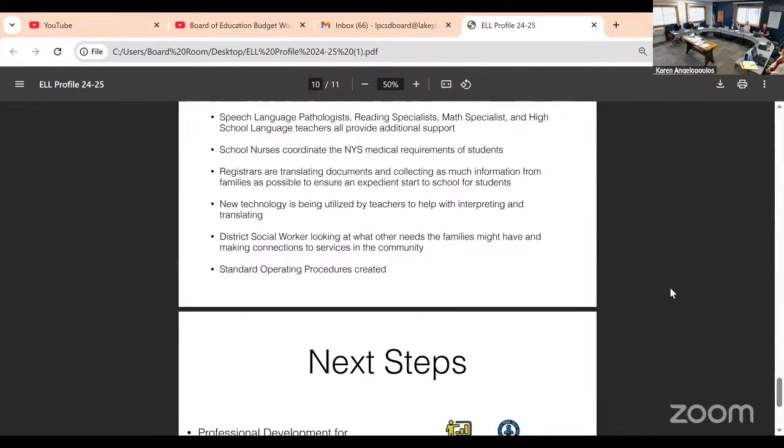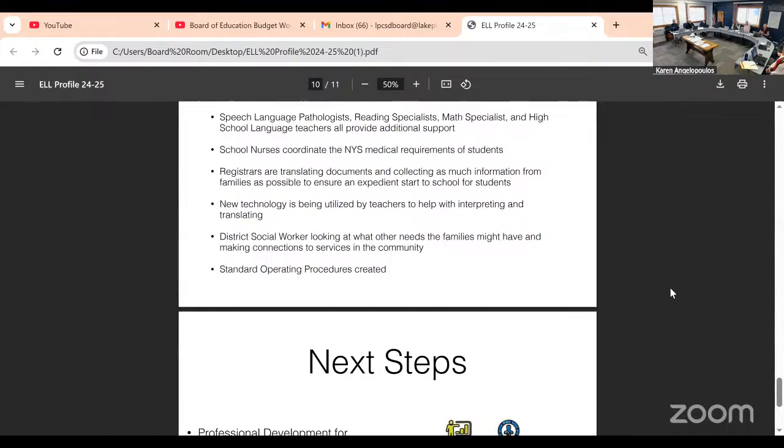Our registrars are helping to translate documents that we're giving to families. We have new technology being utilized by teachers. Last year, we introduced microphones. Students also have iPads that they can hold over a paper and it will translate for them. Our district-wide social worker also helps if there are other aspects that the families may need help with.